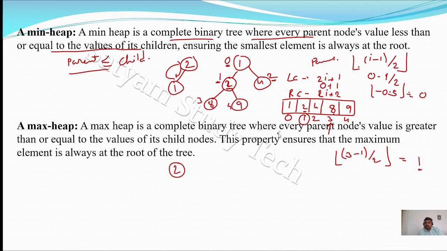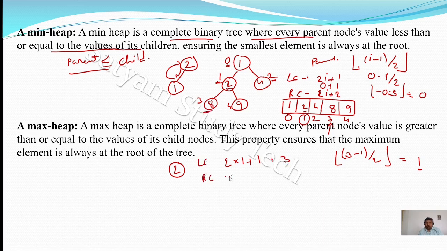Okay, like that I have to find out. For example, if you want to find out the left child of 2 and the right child of 2, that means the I value is 1, right? Here 2 into 1 plus 1, that is 3. So this is the left child.